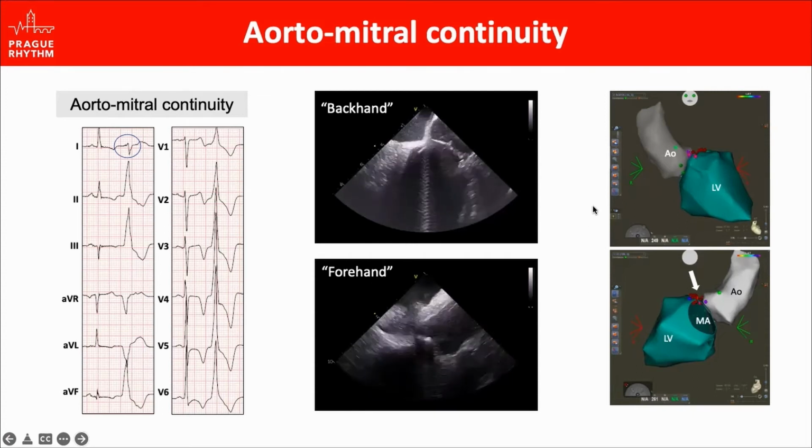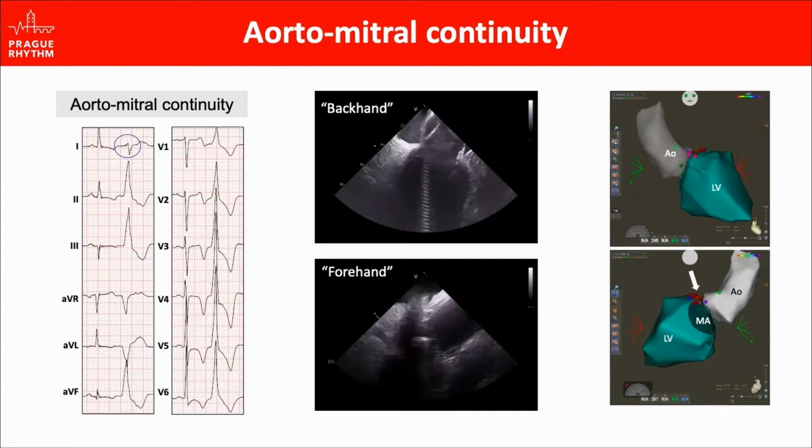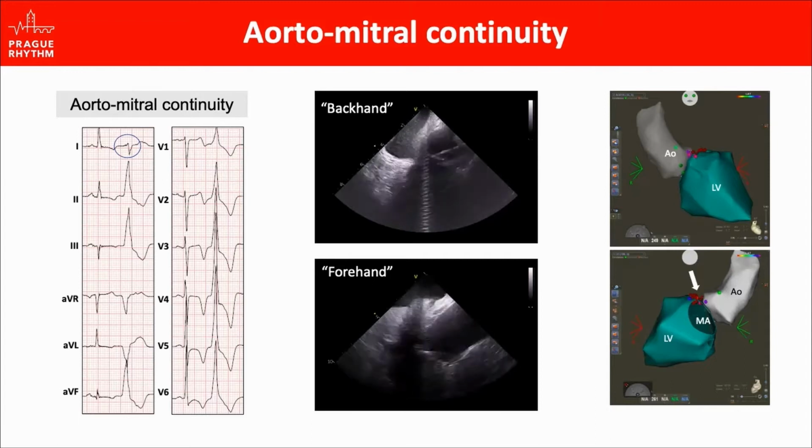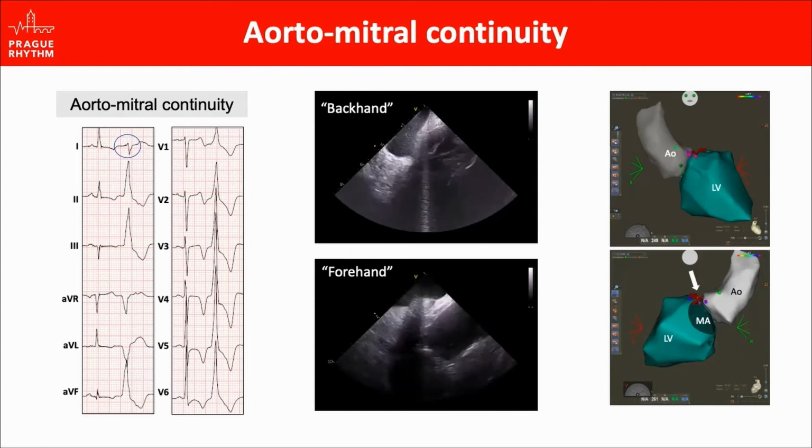Sometimes we even have to go above the aortic valve, to the aortic cusp, and make the previously mentioned sandwich ablation in order to increase the efficacy of this catheter ablation.